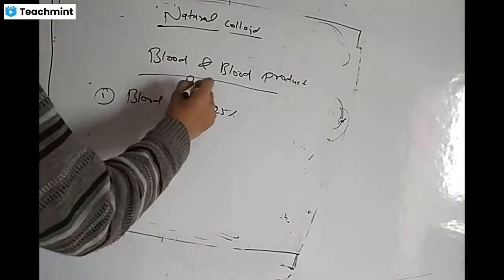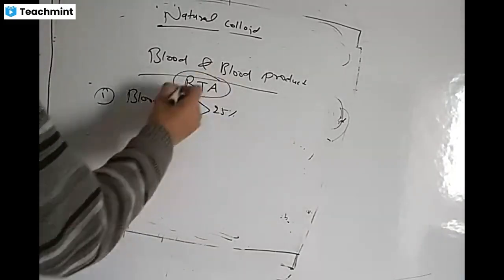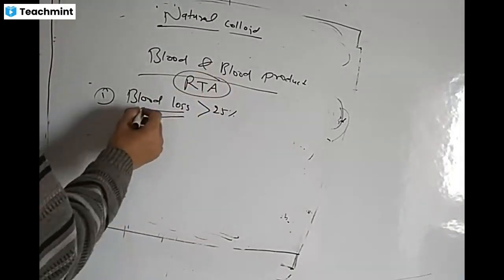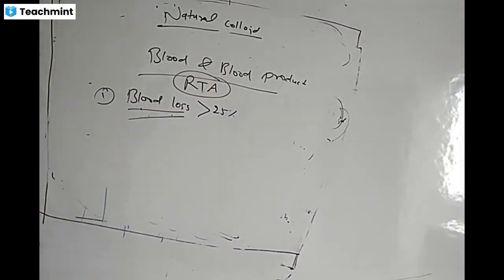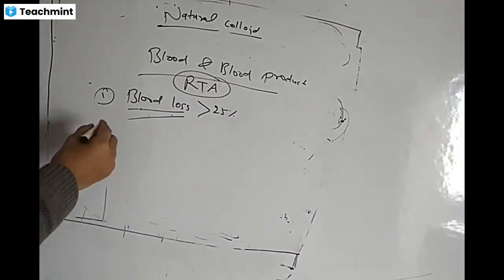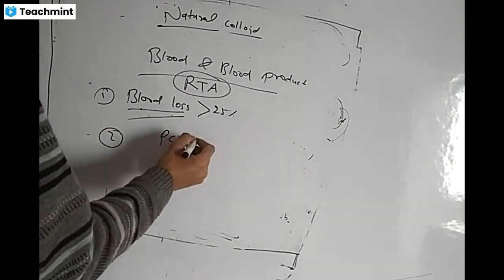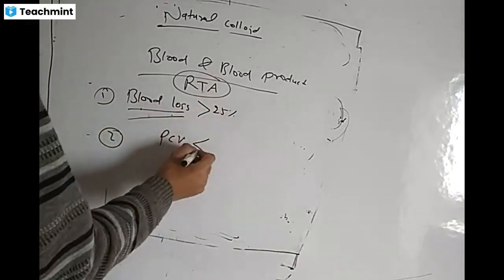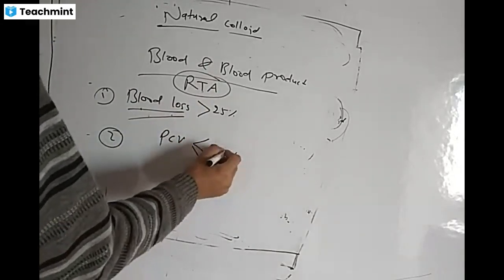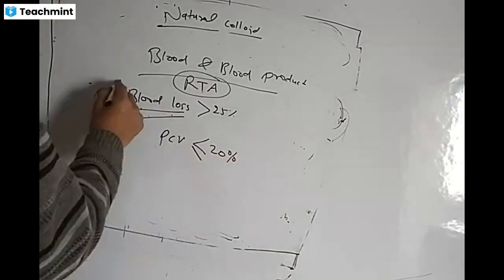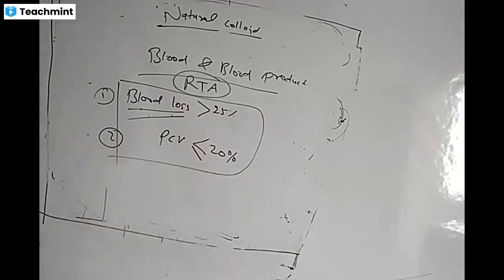Suppose there is a road traffic accident and the canine or cat is losing blood. If the blood loss is more than 25%, and second, if the PCV is less than or equal to 20%, these are the indications to go for blood transfusion.